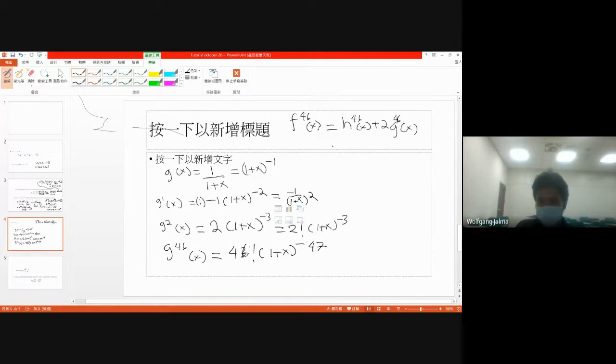Because the first one is 0, it is 0 plus 2 times the 46th derivative of g, which is this. So 2 times 46 factorial over (1 plus x) to the power 47.